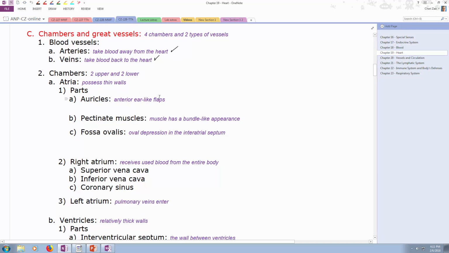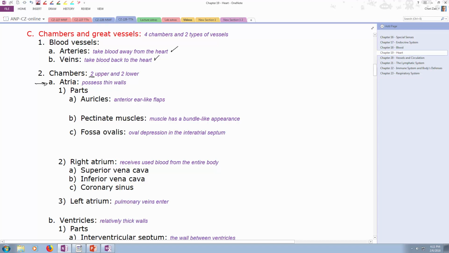Taking a look at the chambers, we say 2 upper and 2 lower. That's because it's how people like to view the heart. The heart is actually more at an angle, but still we can say our atria are superior to our ventricles. So we're going to talk about the 2 upper first, which are the atria.